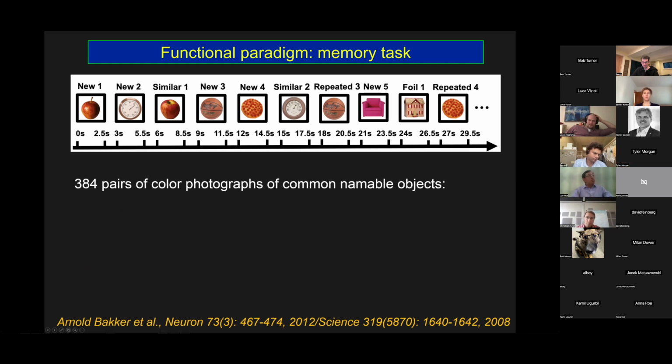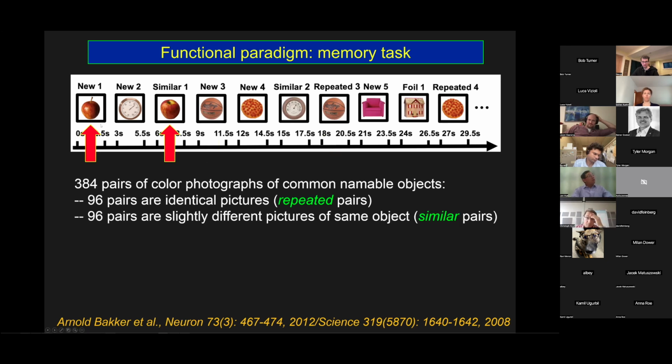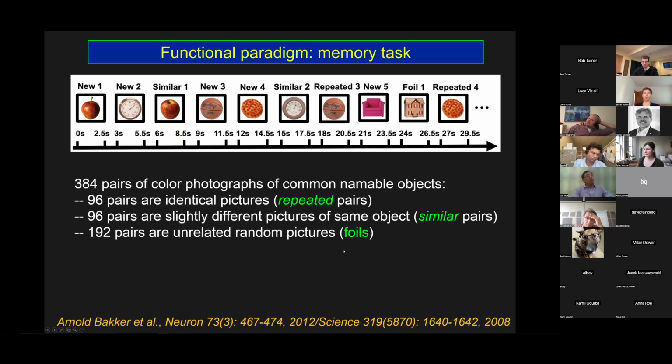There are 3 different types of pictures. These are so-called repeated pictures, which are basically the same picture presented repeatedly. These are called similar pictures. They are both apples, but slightly different. And the rest are so-called foils, which are completely unrelated.